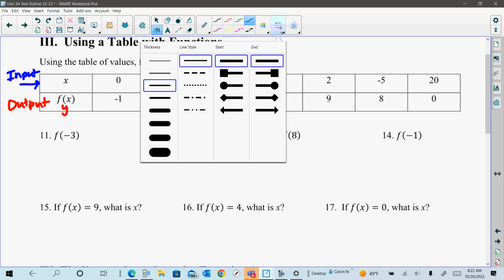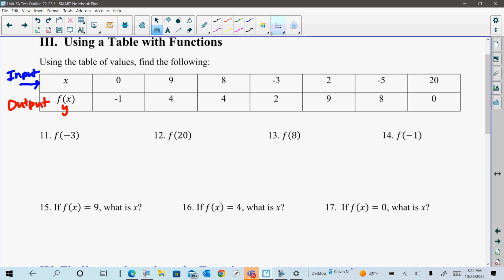So nothing is changing. If I'm looking for the value on the table for the function f of negative 3, that negative 3 still represents the x. So I have to look on this first row to find where x is negative 3, and we should just get 2. Because right here, negative 3 maps to 2.